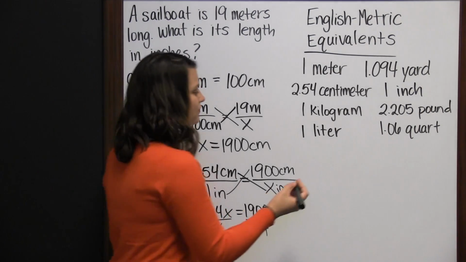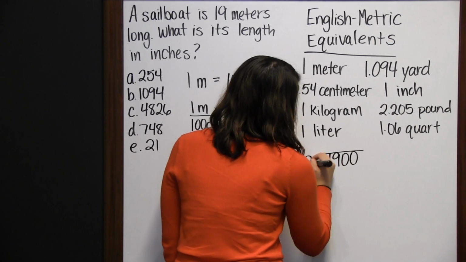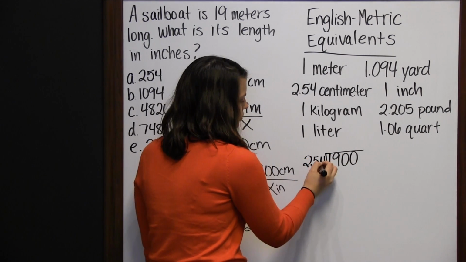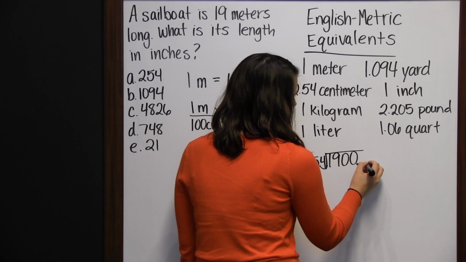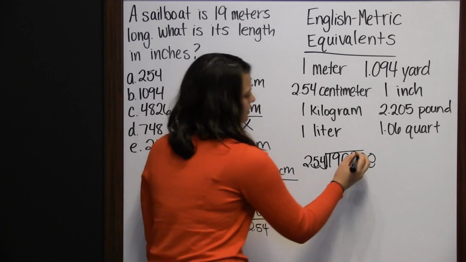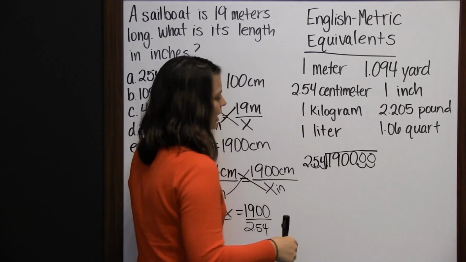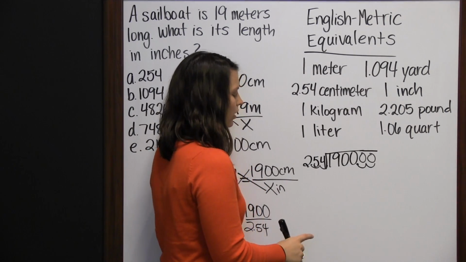So we need to do some division. Which means I have to move this decimal 2 places to the right. So I have to take my decimal 1900 and move it 2 places to the right, which means adding 2 zeros. So now my number is 190,000 being divided by 254.